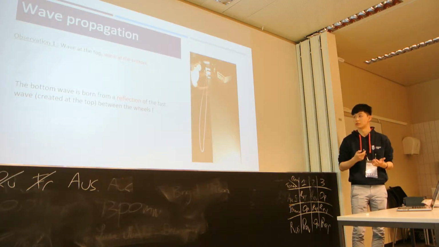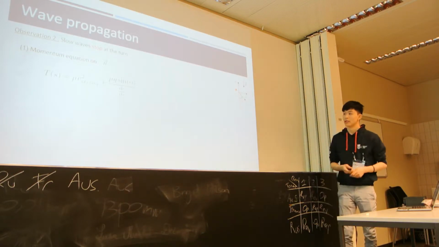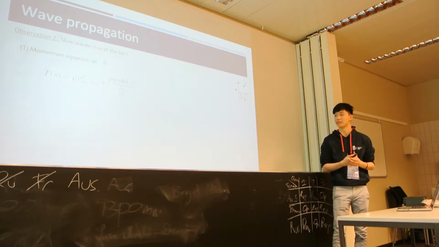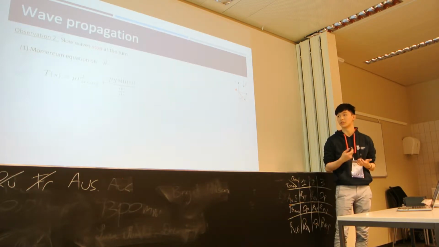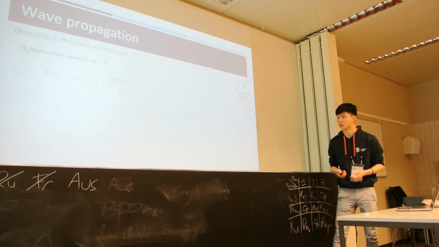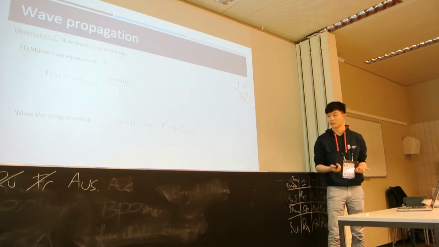Now on to observation 2. Why do the waves stop when they reach the turn? Well, if we use our momentum equation projected on the normal vector, we get an expression for the tension that is simply a constant mu v squared plus a term that depends on the position on the string. If you evaluate this equation when the string is vertical, you get that the tension is mu v squared.